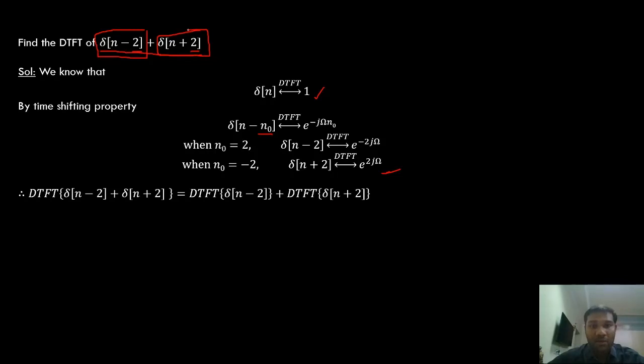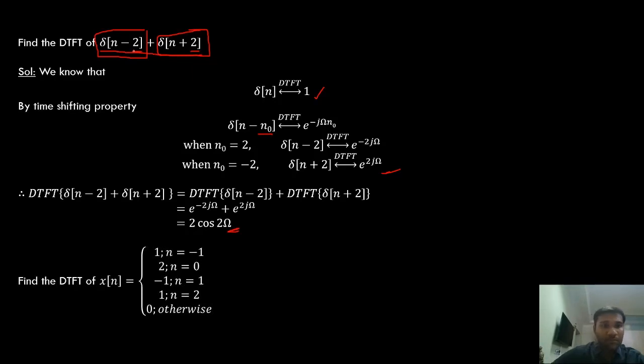So I'll add the individual DTFTs. This is equal to 2 cos 2 omega. So that is how I can find the DTFT of the given function. So let us try another problem.